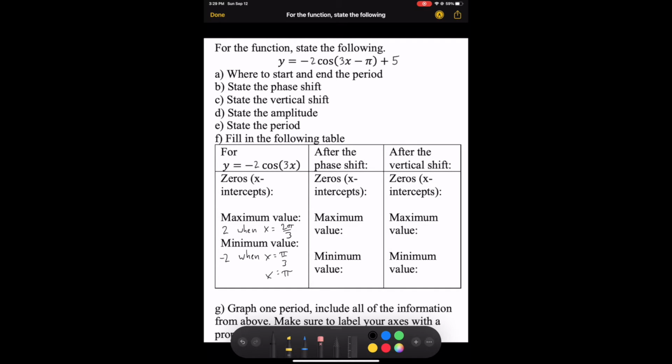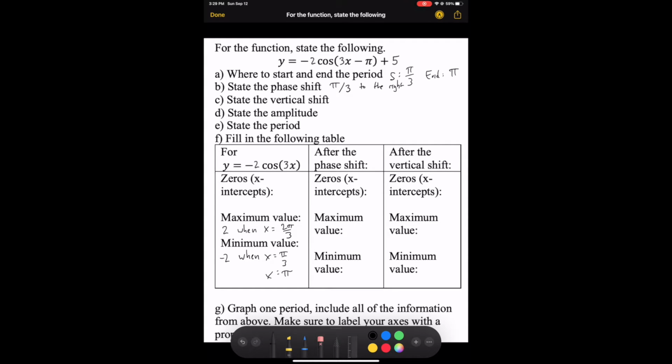And up here, we can already say when we're supposed to start the period, and so start is going to be pi over 3, and end is going to be at pi. The phase shift is pi over 3, and that's to the right.